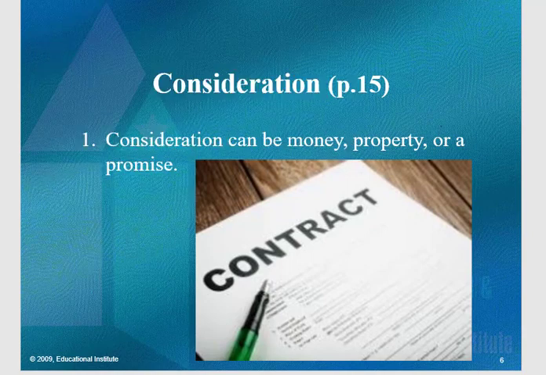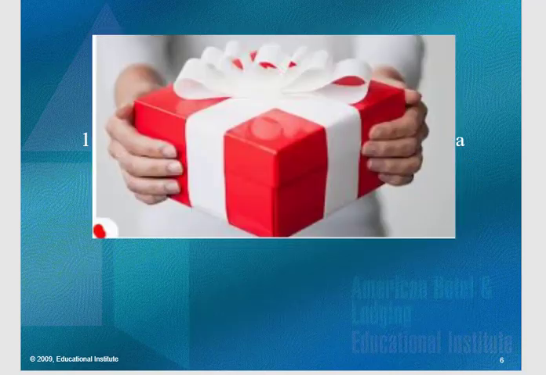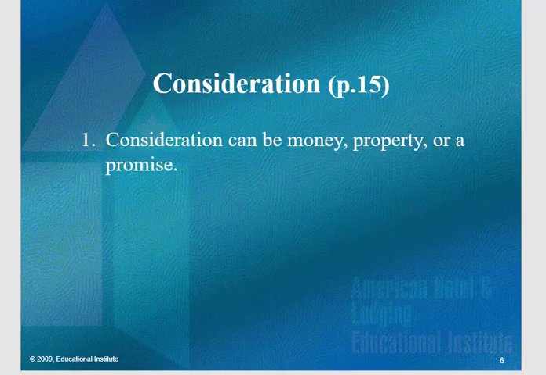There's both a benefit and a detriment to me. There's a detriment in that I'm giving up my pickup, but a benefit in that I'm getting $8,000. And the same thing on your side. There's a benefit and a detriment. You're giving up $8,000, but you're getting a pickup worth that much money. So consideration is what makes something a binding contract at this point instead of a gift. A gift is a voluntary transfer of property by one person to another without any consideration or compensation.